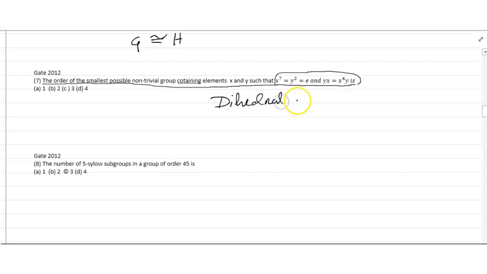This group is a dihedral group, friends, and the order is 14. You must remember the smallest possible non-trivial group.